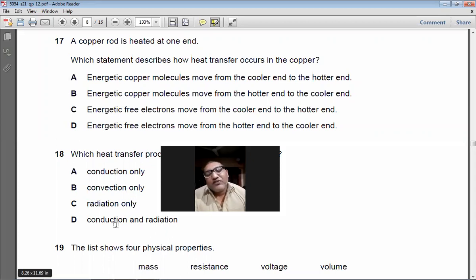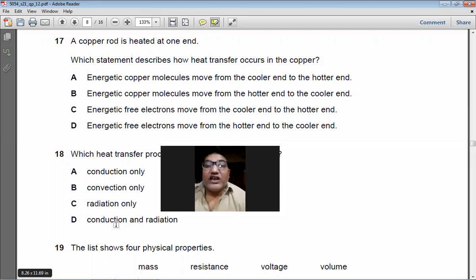So when you heat one end of the copper rod, the heat is transferred from the hot end to the cold end by two processes. Both of them are called conduction, and one is by the vibration of the molecules. The molecules of the rod remain in their fixed positions, but they vibrate.